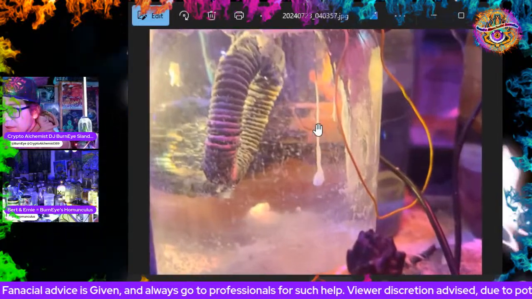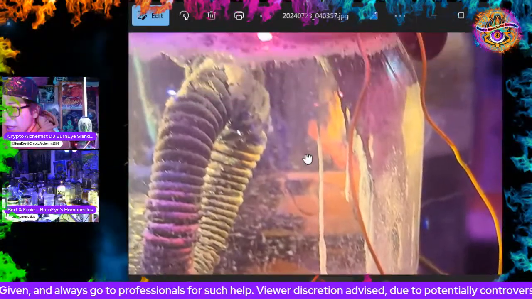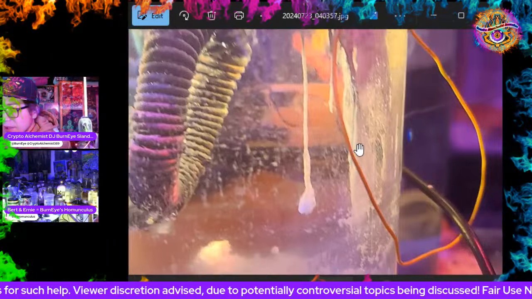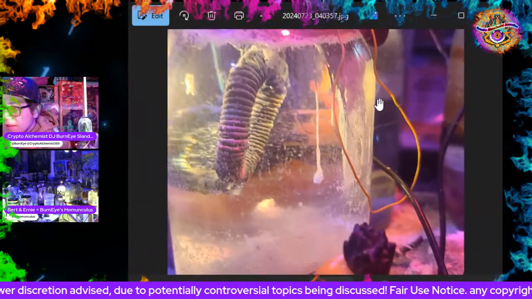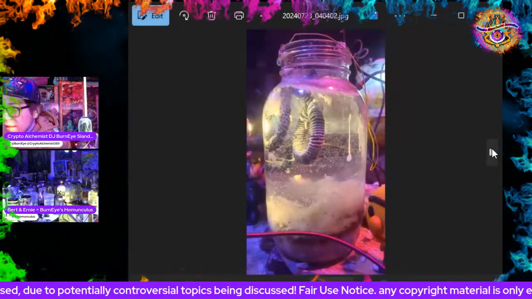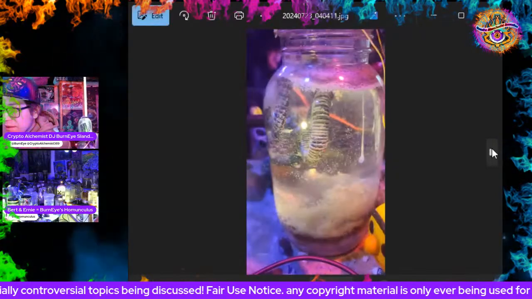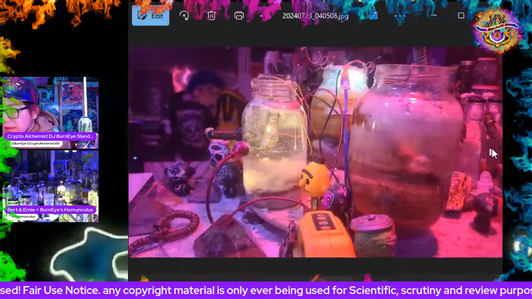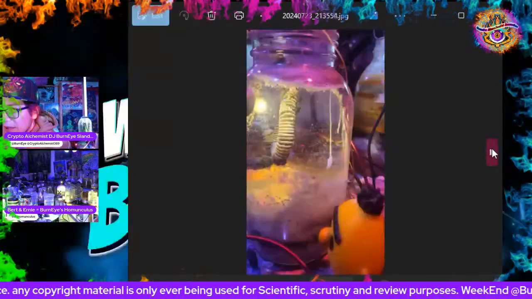Here we have some zinc or copper nanotubes forming. Yeah, it's zinc nanotubes forming off of the zinc anode on the inside. They grow, they're self-arranging, and they create the nanotubes.